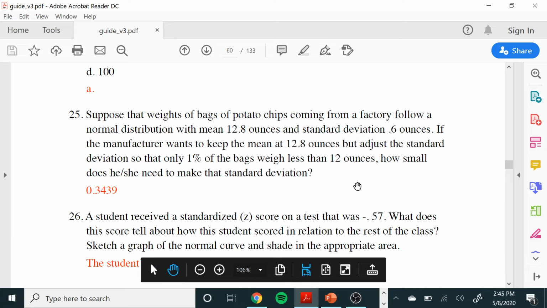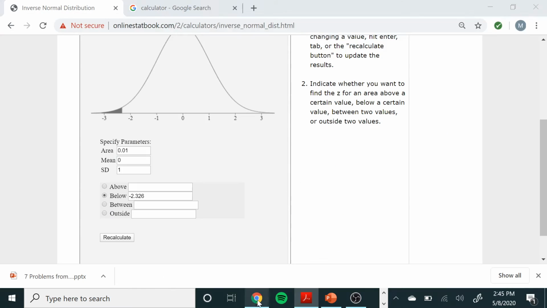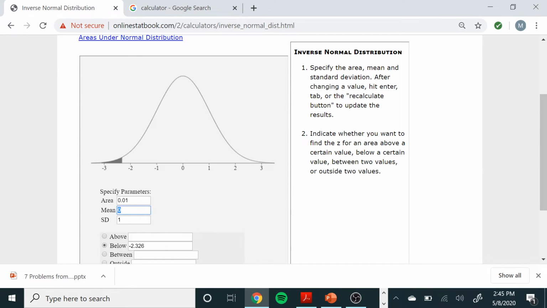So let's take a look at this. He tells us a mean, and then he tells us a percentage. It says 1% of bags weigh less than 12 ounces. So it's just like if we had a distribution like this, with 12.6.